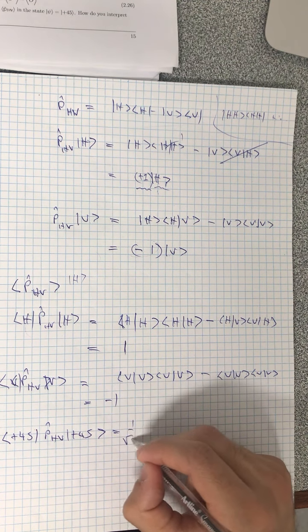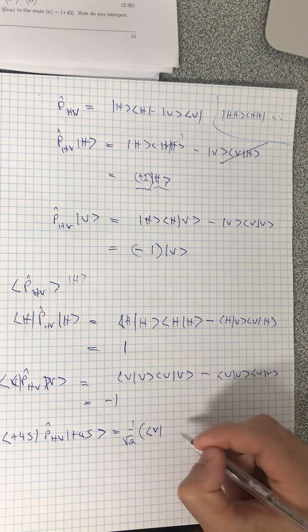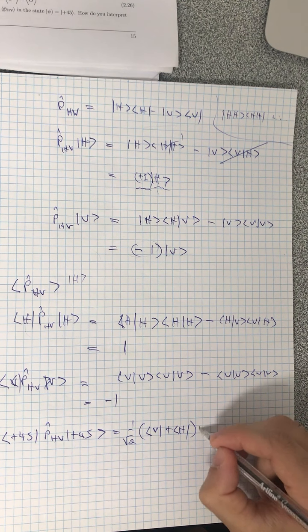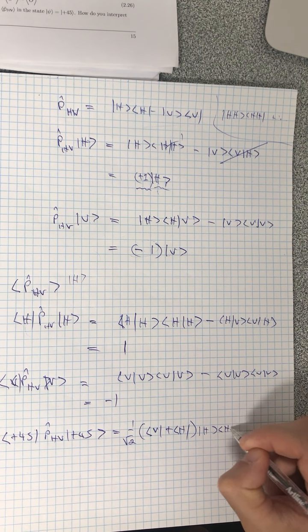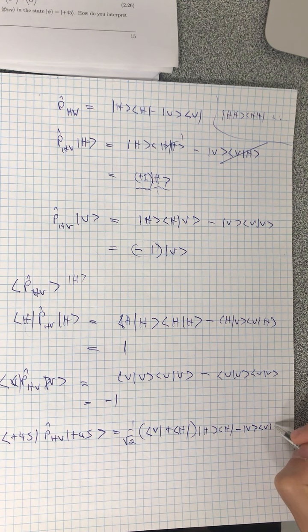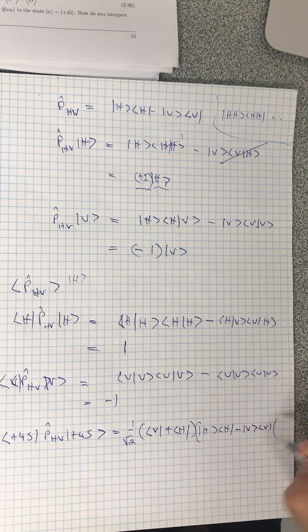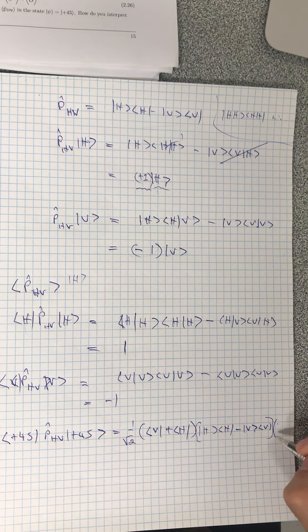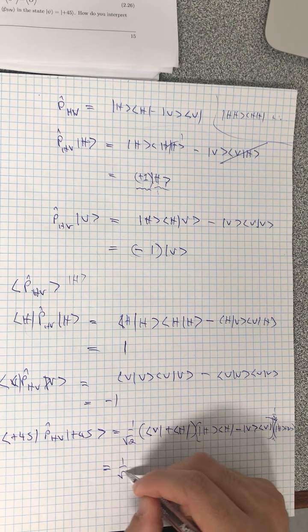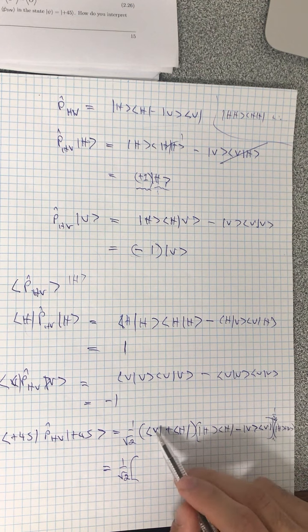So I'll write everything in terms of HV basis. So now I'm converting 45 to H and V, and I've put the polarization operator in the middle. That should all be in brackets. And 1/√2 factor, H plus V equals. So that's going to be 0.